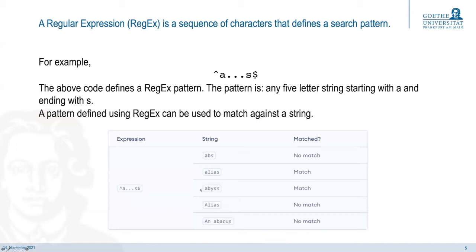Same case for the word abyss, but then we have the same word as before, the word alias, but this time written with a capital A, with an uppercase letter A. And in this case, we see that the pattern didn't find a match. And this is because regular expressions are case sensitive. So since here we have a capital A, it would yield no match. And finally, we have this another string, and it doesn't yield a match.